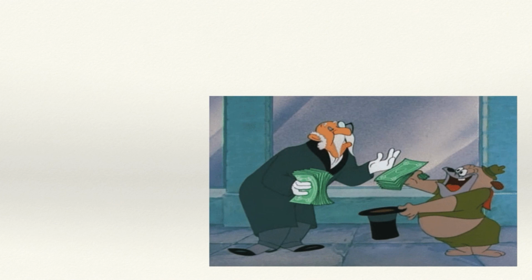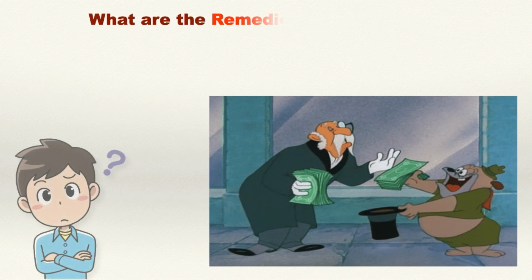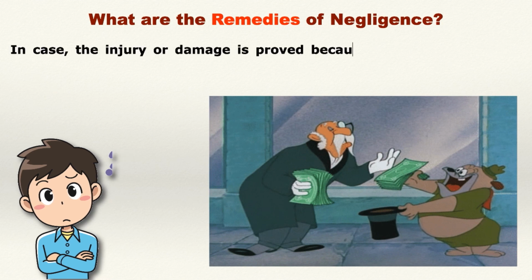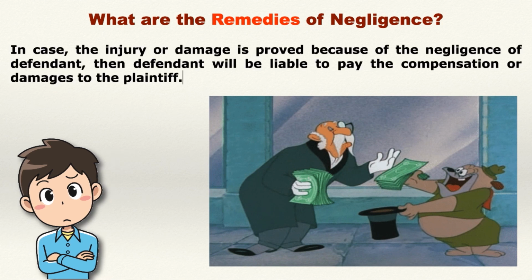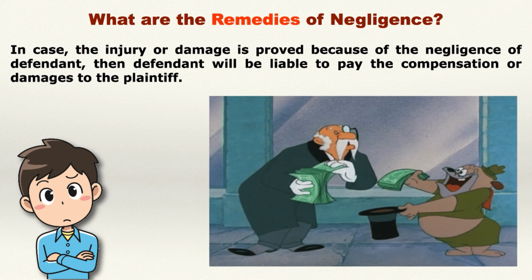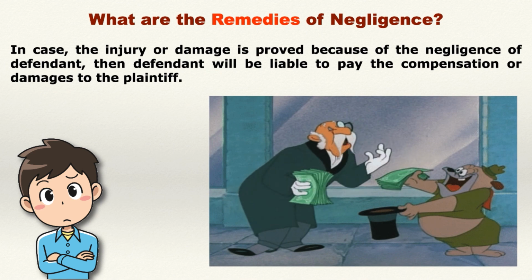And the last point of our topic is, what are the remedies of negligence? In case the injury or damage is proved because of the negligence of the defendant, then the defendant will be liable to pay the compensation or damages to the plaintiff.